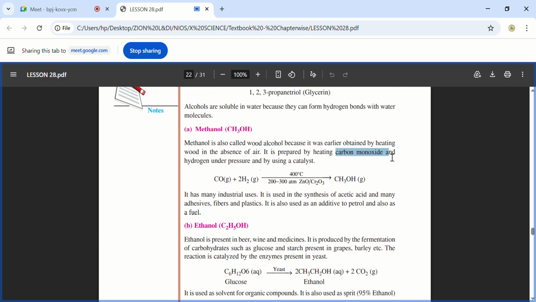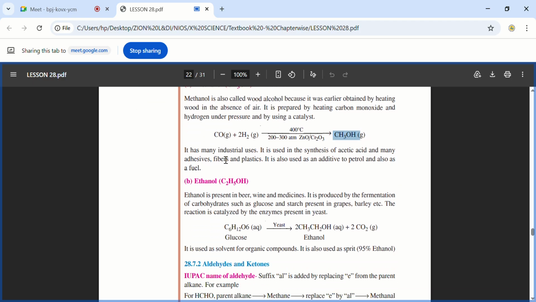When carbon monoxide and hydrogen react under pressure using a catalyst. Look at the catalyst: zinc oxide, chromium oxide. At 400 degrees Celsius, pressure 200 to 300 atm, and in the presence of catalyst zinc oxide, it produces methanol. Is it clear? Yes, ma'am.